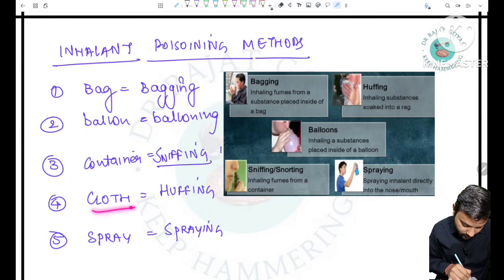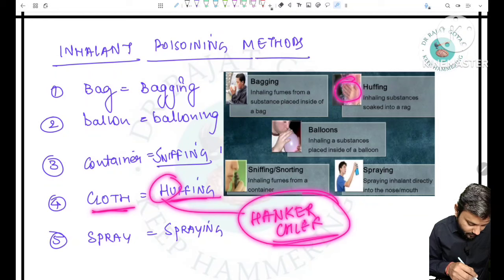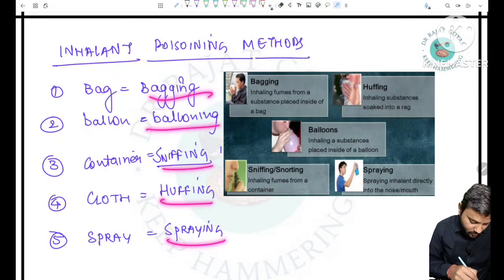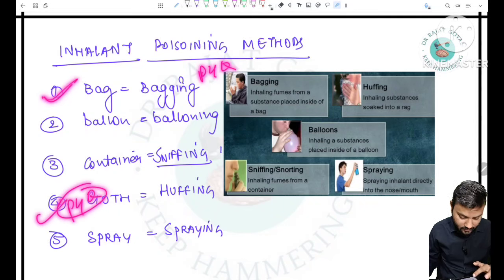And if he is using a cloth, it is called huffing. Huffing we can remember by H for handkerchief. So: bagging, ballooning, sniffing, huffing, and spraying. Bagging and huffing were asked many times in previous years.